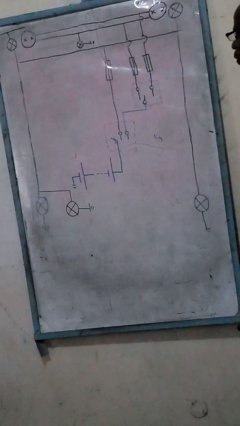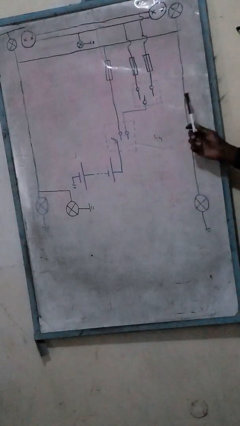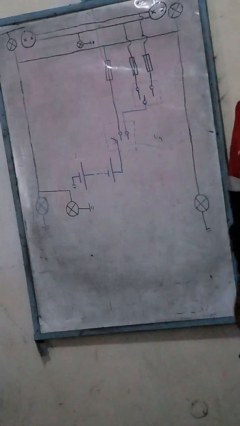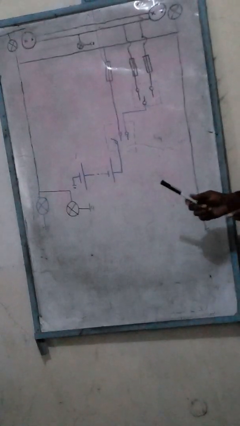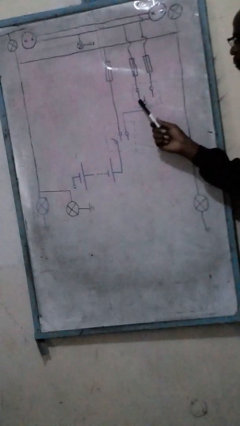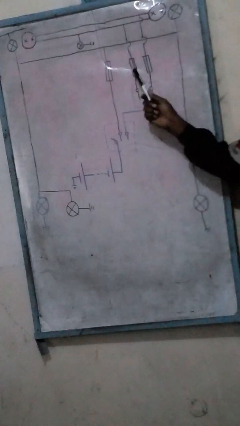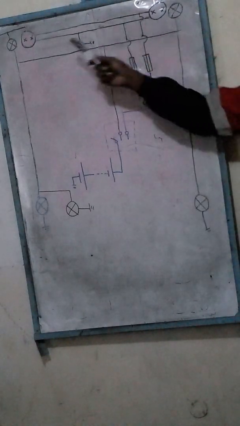This will obviously mean that all those components that normally serve that particular beam that has failed are likely to blame. So we will just follow up on those components. They include the dip switch itself, which may fail to connect onto a particular beam. They include the fuse of that particular beam, which may have failed, or the filaments.